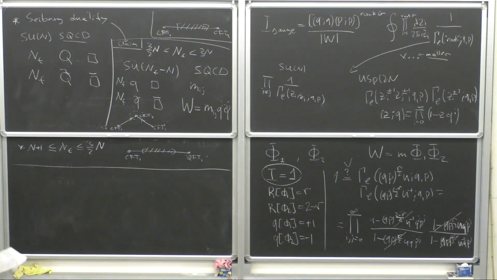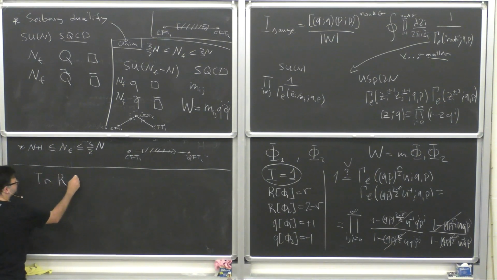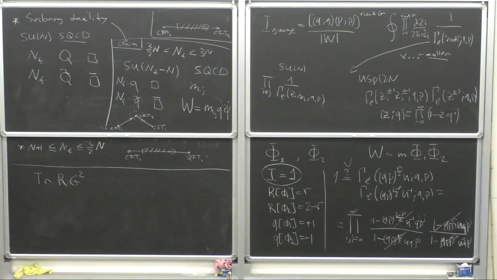And one technology we learned to do so is to compute an anomaly, which is trace R G squared. I remind you that we discussed that if this number that we will compute turns out to be positive, the gauging is relevant. If this number turns out to be negative, the gauging is irrelevant, okay? Infrared free, or in the first case, asymptotically free.